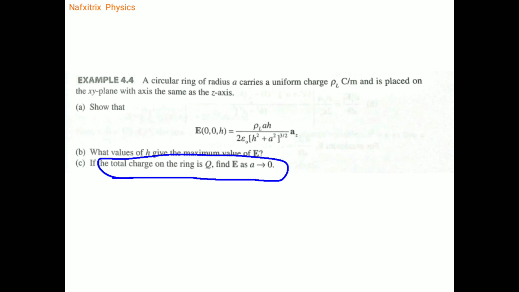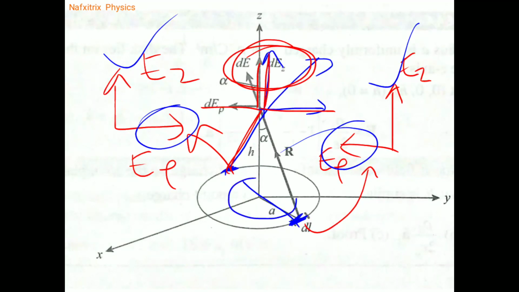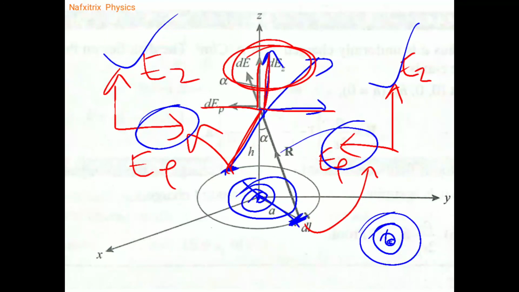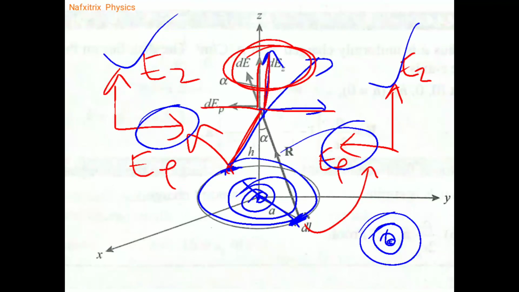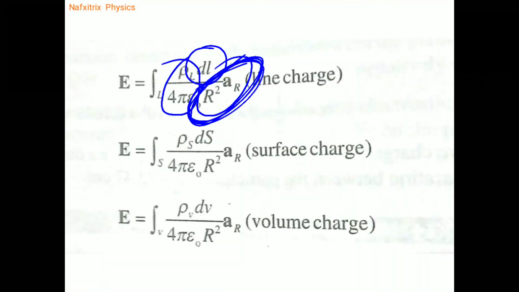That means if the radius of the ring tends to 0, the ring goes on shrinking, and finally when its radius becomes 0, it is concentrated to a single point. So the entire ring has charge Q. If it shrinks, finally it becomes a point charge Q. So at that time, what is the electric field? That is what they are asking.